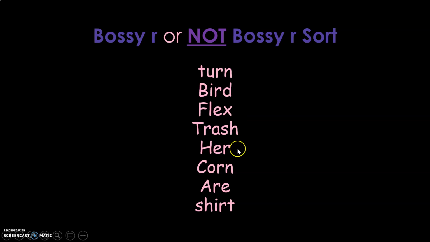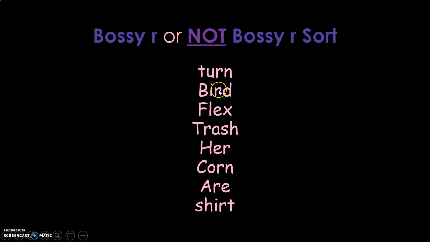If you think these words belong in the bossy R syllable pattern, you can either write on a piece of paper or on your whiteboard. You can make two columns, draw one straight line up and down in the middle of a folded piece of paper or a whiteboard.